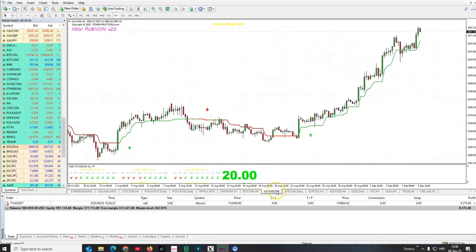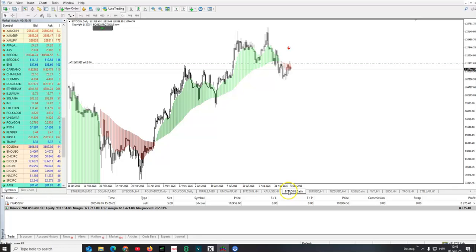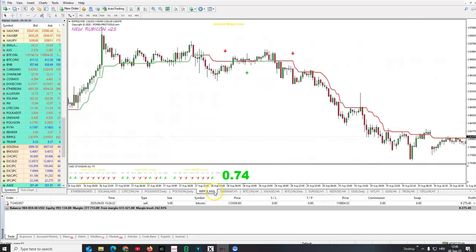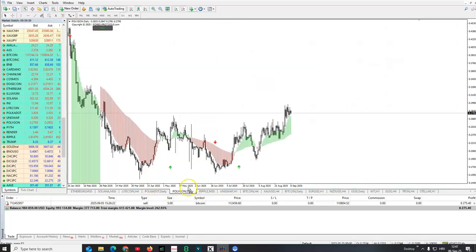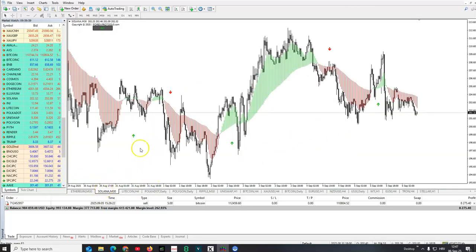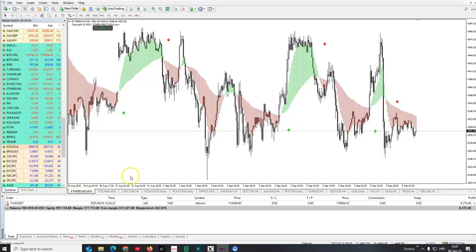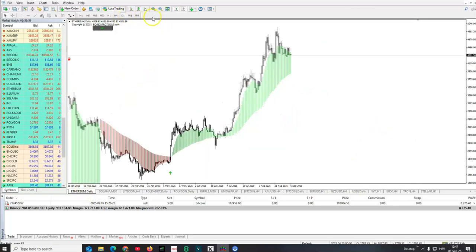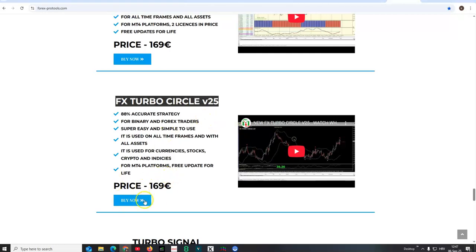I explained the rules, it's very easy. When you see the arrow, you just check if you have everything confirmed. Everything means that this should be green, so here you can enter the trade.